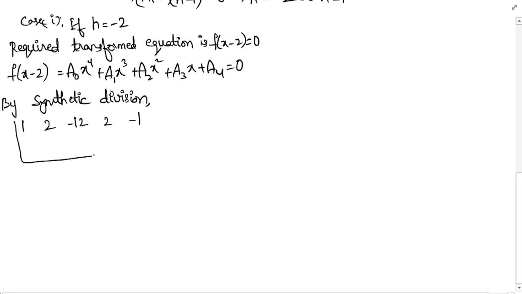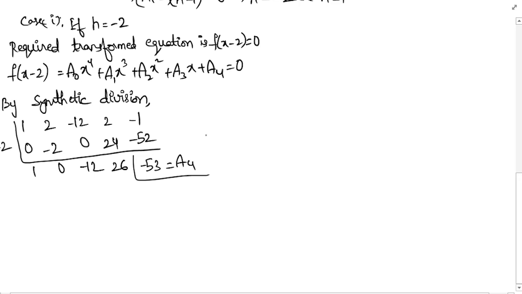Okay, so here one of the roots is minus 2, right, in case 1. So it will be 1, minus 2, 0. This will be 0 again. This is minus 12, 24, 26, minus 52, minus 53. This is A4.